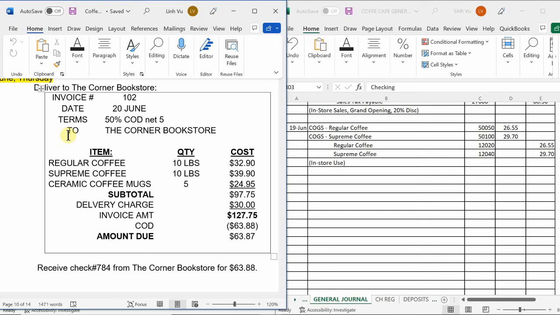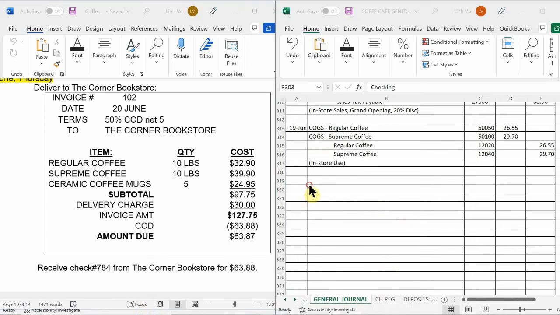We received money when we delivered the coffee. Accounts receivable, good.